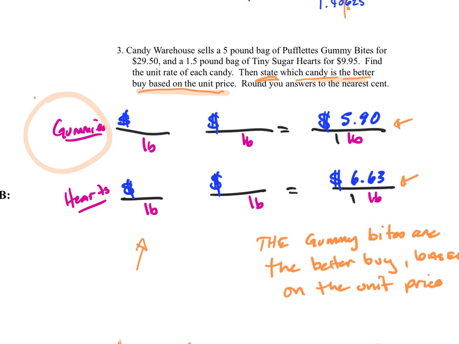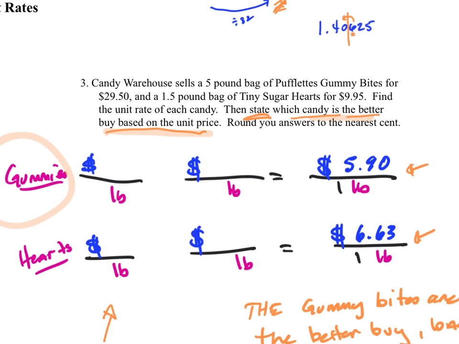And then when I look, I can see that I'm comparing two candies. So it tells me I'm going to compare the gummy bites. And the question is, state which candy is the better buy based on unit price. So what I've got to do is figure out the unit price for each one. And again, they want me to answer to the nearest cent.